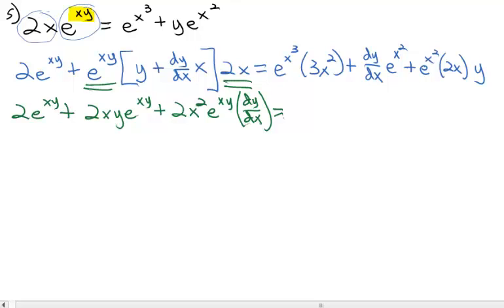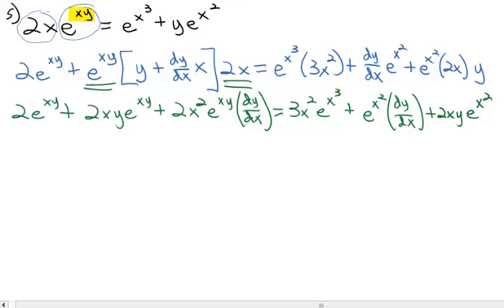Then on the right side, we've got 3x squared e to the x cubed plus e to the x squared dy dx plus 2xy e to the x squared.